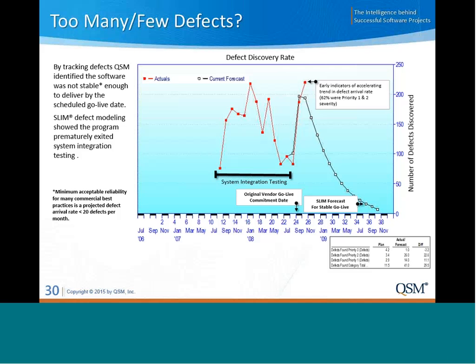They said, we're going to meet this date no matter what, and the project was a complete train wreck, a very visible failure at the highest executive levels. The project was canceled altogether, and each of the stakeholder organizations had to come up with their own solution. And needless to say, they were not happy.